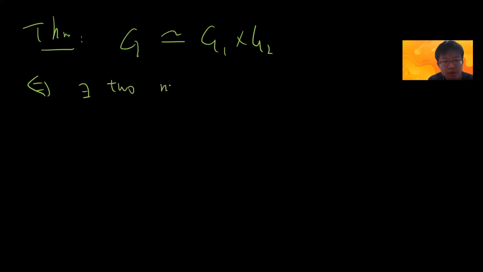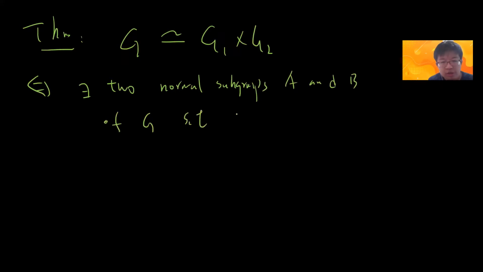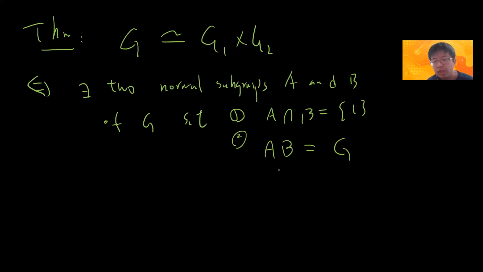The theorem, which is the only important theorem in this video, is that G is isomorphic to G1 cross G2 if and only if there exist two normal subgroups, say A and B of G, such that first, A intersection B is the identity, so A intersection B only contains the identity, and second, A times B is G. This is as a set, so every element of G can be written as a times b.